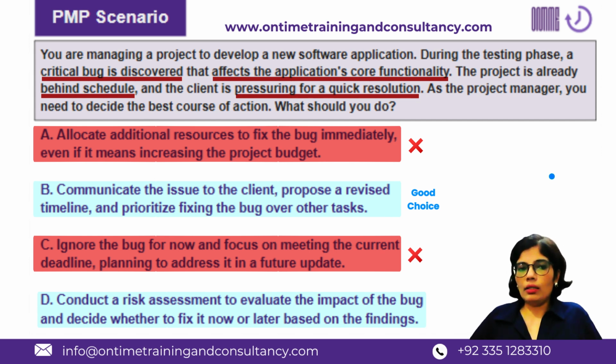Now this sounds like an idea that you have a situation, you have a bug, that bug may impact the project timelines and the application's core functionality, and whatever you have developed or are going to develop.